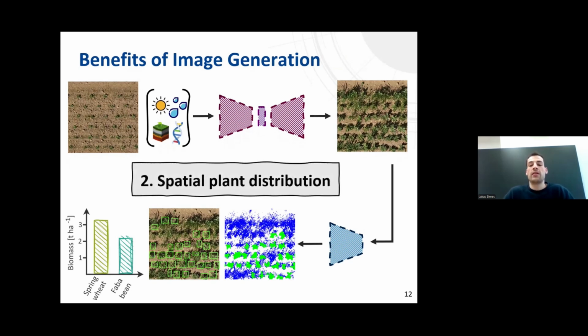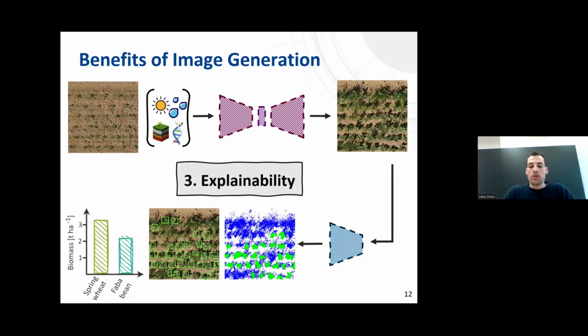The second one is that they visualize the spatial crop growth development. So while classic models just have one prediction for the whole field, the generated images show exactly where, for example, more fava bean plants grow, or where more wheat plants develop. And this is, of course, of high value for targeted actions in the field, but also interesting to understand the mixture dynamics in the field.